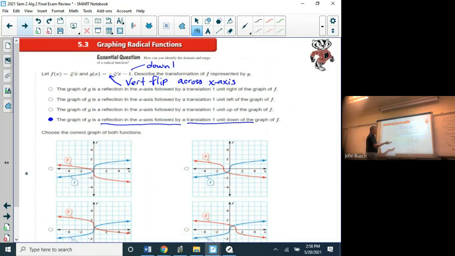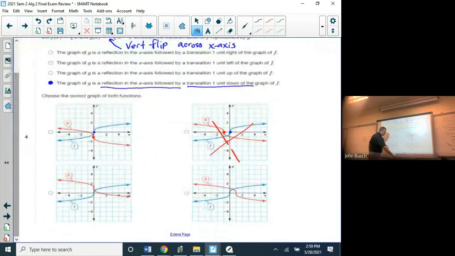And again, you can just graph it. This one's harder, right? This is the middle of the original, and here is the middle of the reflection. That's down 1. Here's the original. That's the reflection. That's to the left one. It's not that one.